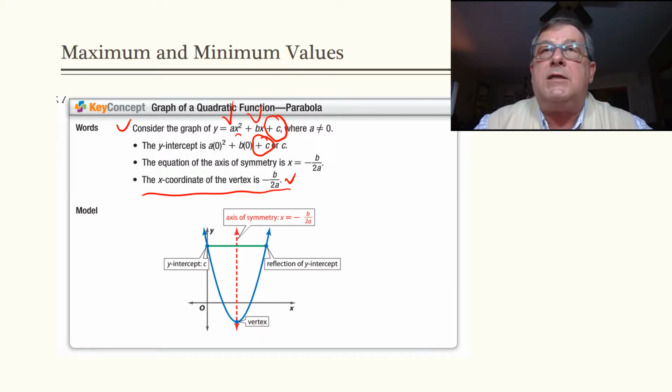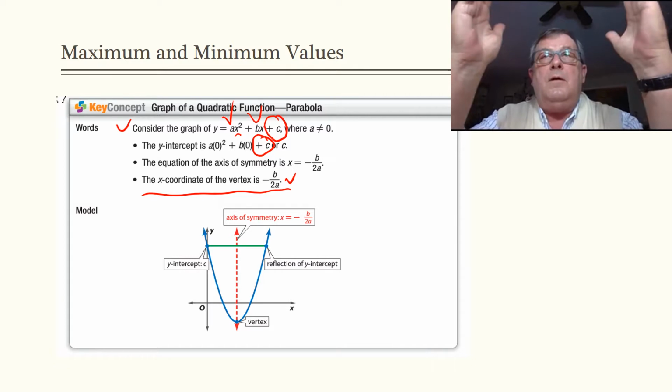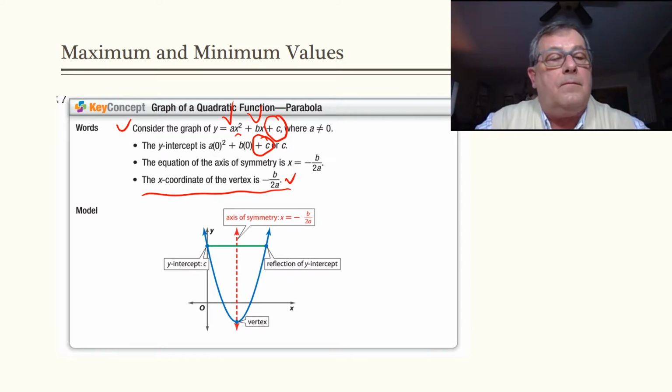I can recognize instantly whether it's going to be a maximum or minimum value by the coefficient in front of the x squared. If it's positive, the arms of the parabola are going to be up, and therefore I'm looking at a minimum value. And if it's negative, I've got an upside down parabola, and at that vertex, the y value is going to be my maximum value. It's helping me define the range, if you will.